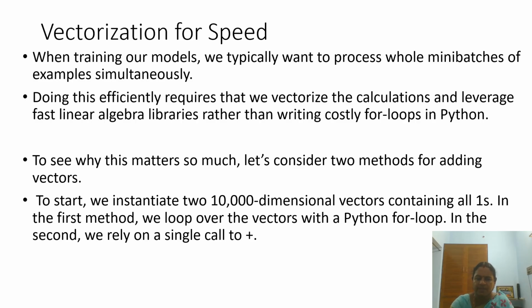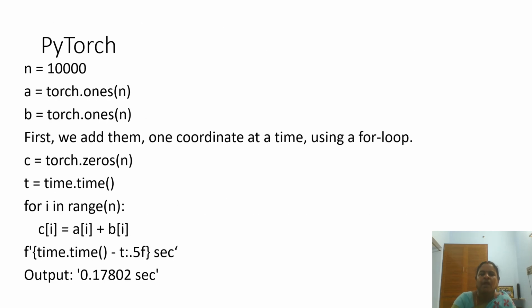In the first method, we loop over the vectors with a Python for loop. In the second method, we rely on a single call to the plus operator. Let us see one by one. In PyTorch, it is given using the for loop, where A and B are added using the for loop: for i in range(n), c[i] = a[i] + b[i].